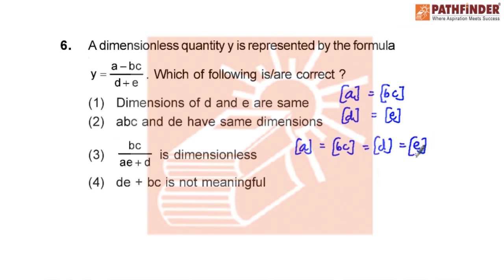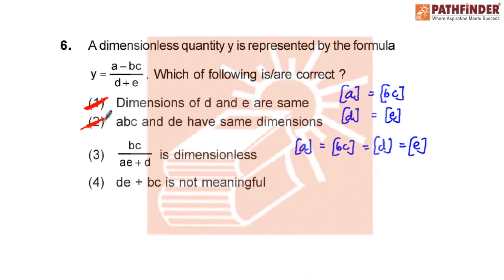Now if we look at the statements, statement 1 says the dimensions of d and e are same, correct. A, BC and D, E will have the same dimension. So if the dimension is x, multiplying these two we get x square again, so they have the same dimension, again correct.